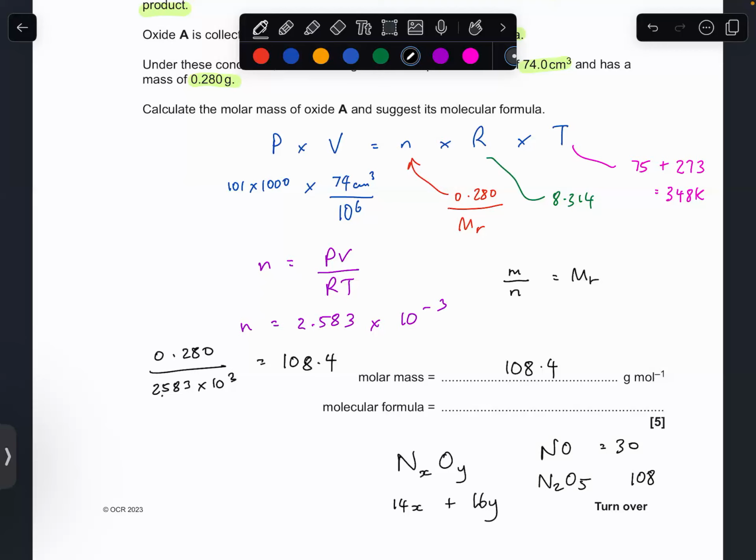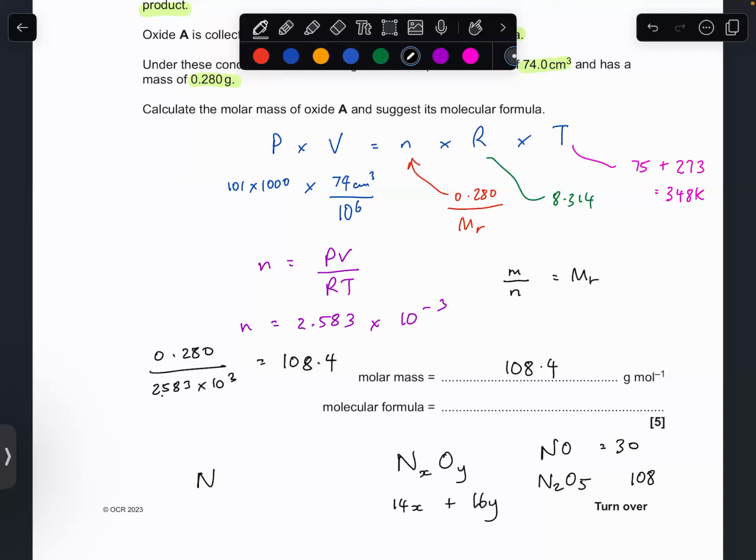Is there an easier way to do this? I think it's a game of trial and error and see which one matches. Try with one nitrogen and all oxygen.